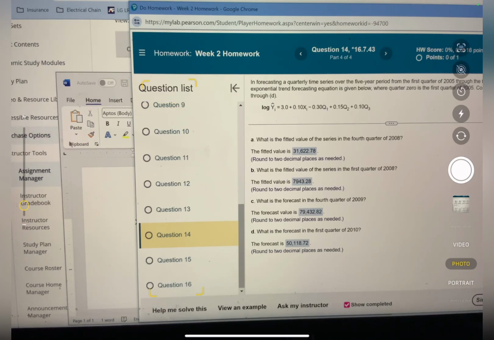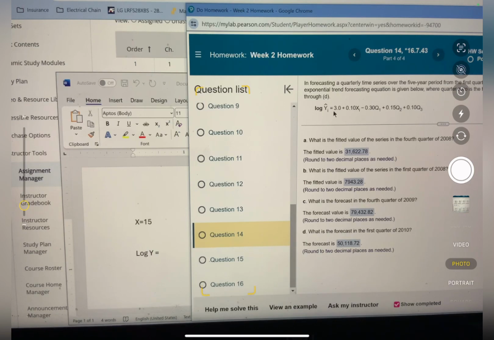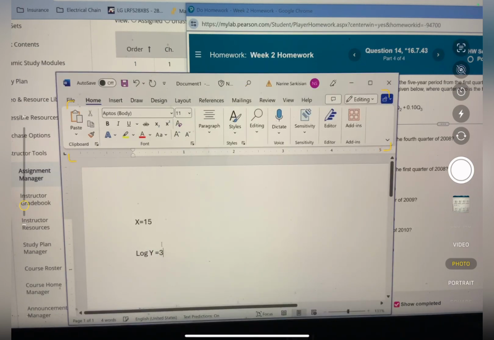Let me type it in. So if I type log y, let's consider it's a hat, because I can't type the hat here, is equal to, what do we have? 3.0 right here, 3.0 plus, how much was it? 0.1.